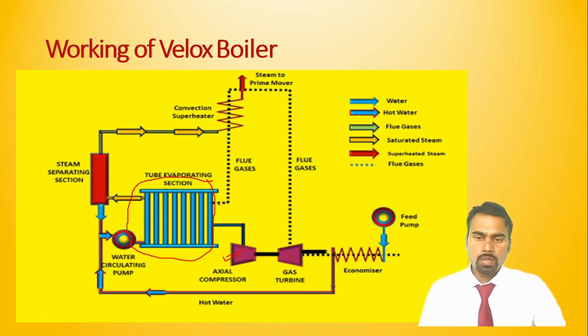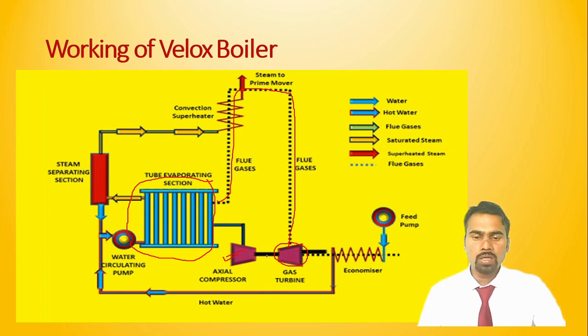Then this is the path for the flue gases. Flue gases in the sense burned gases. This one is a turbine, we can say gas turbine. How does it run? By taking the pressure energy of the flue gases, this turbine runs. And on the same shaft of the turbine, this compressor is mounted.